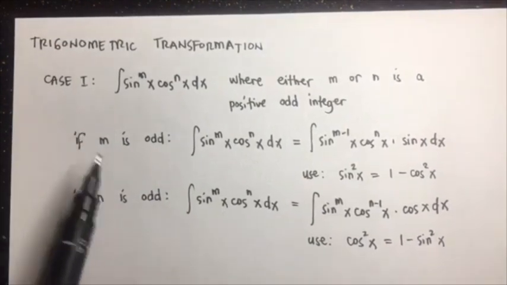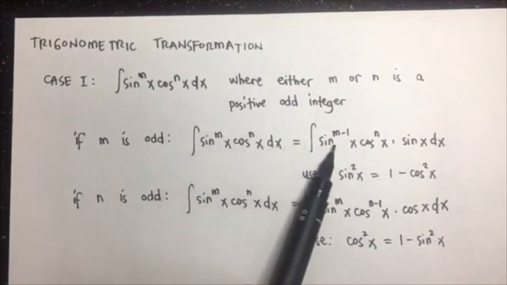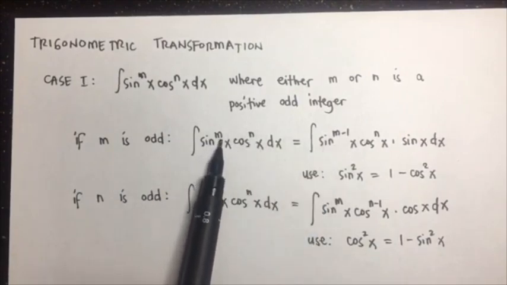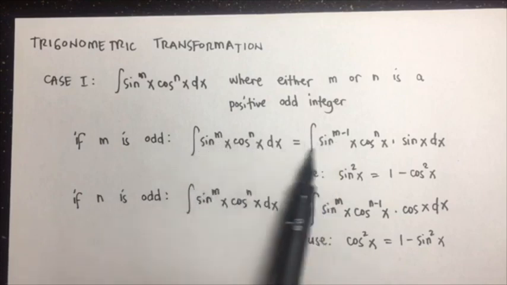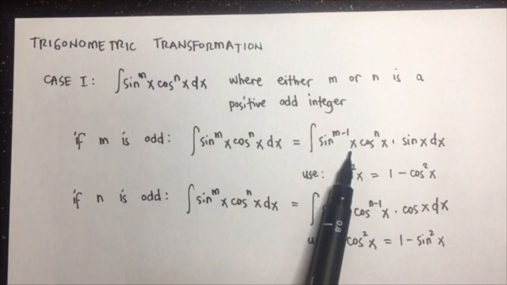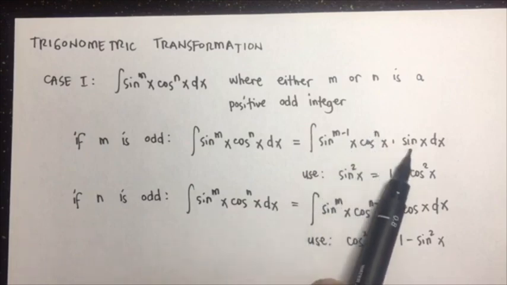If m is odd, what we're going to do is take out 1 of sine of x. So this will become sine raised to m minus 1 of x, cosine raised to n of x, times sine of x dx.